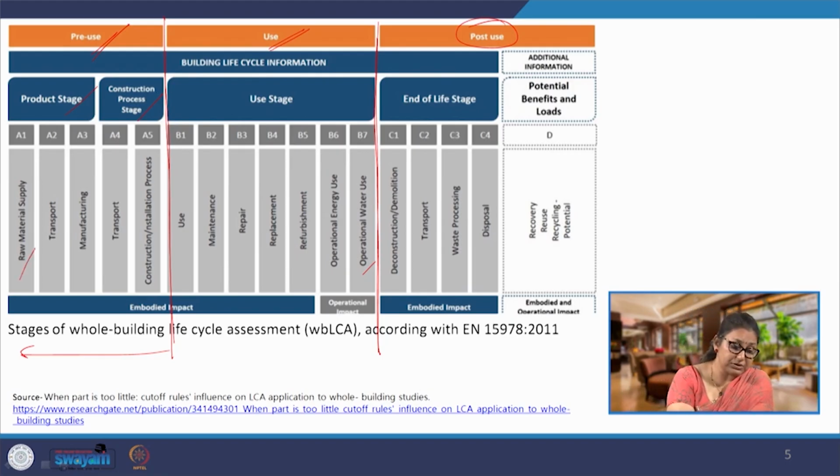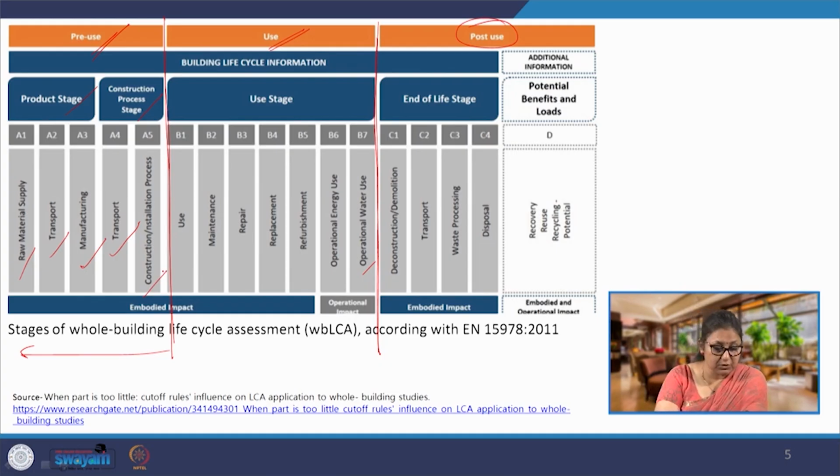So, there will be raw material supply, transportation to the manufacturing unit, then we have manufacturing, then we have transportation of the manufactured product to the site, and then installation or construction process on the site itself. So, this is all upstream stage of the building.